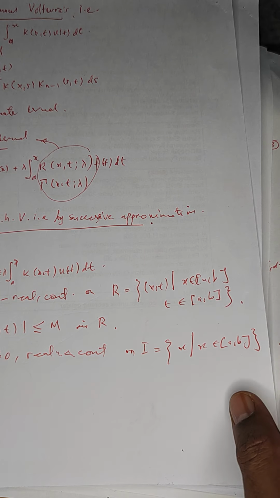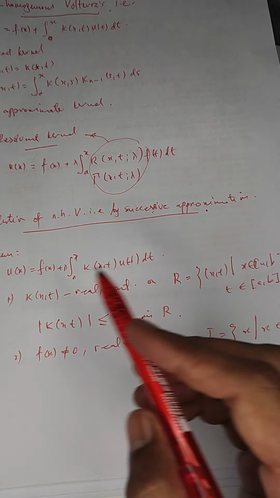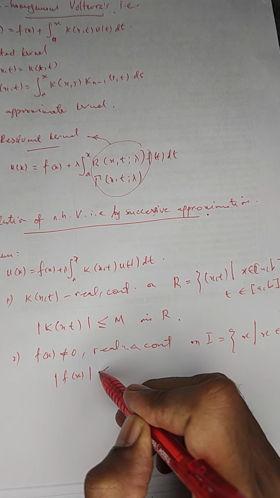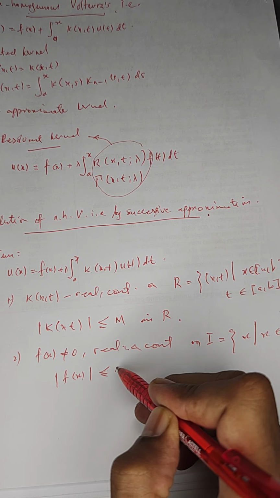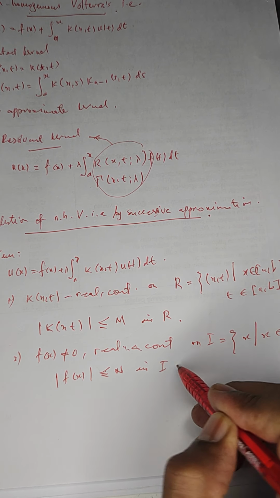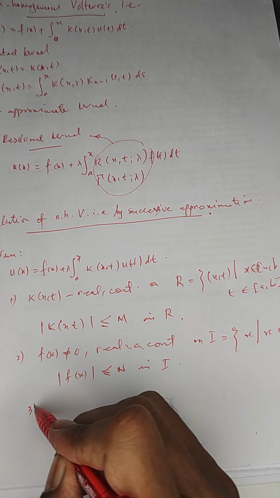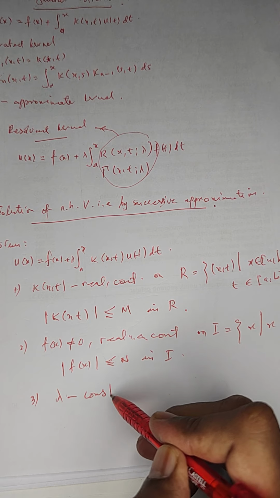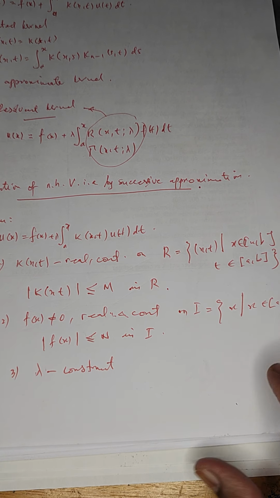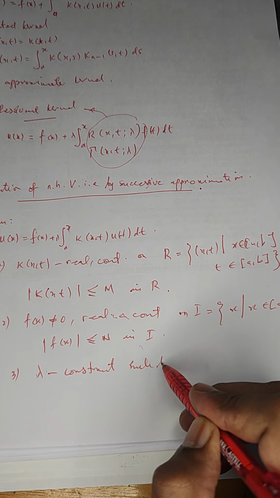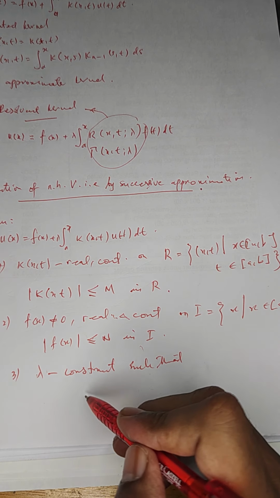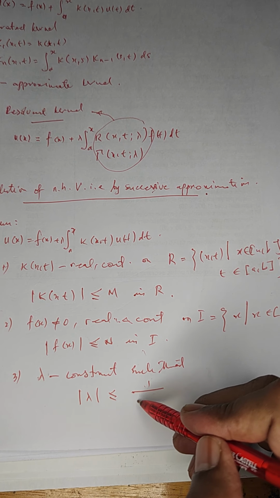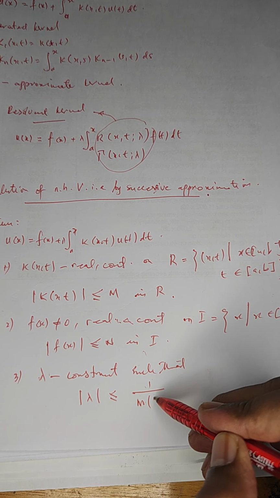And also f is bounded, in such a way that the magnitude of f is less than N in I. The third assumption is that lambda is a constant such that the magnitude of lambda is less than 1 over M(b minus a).